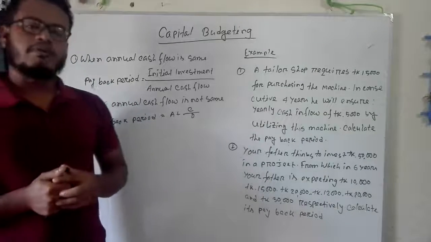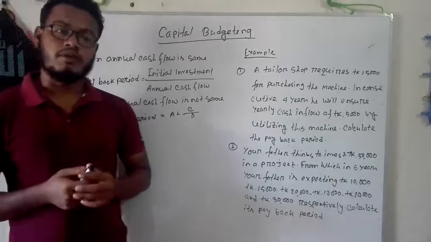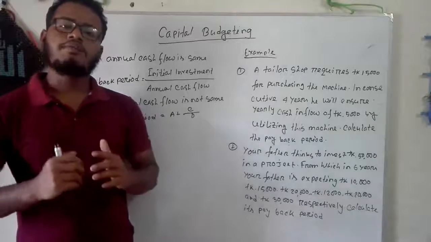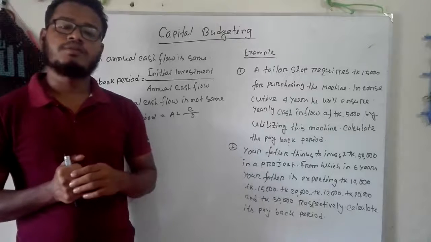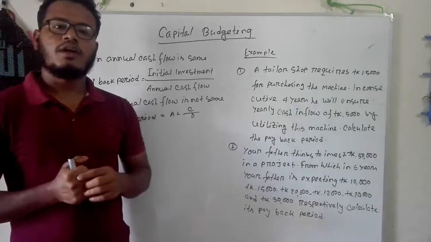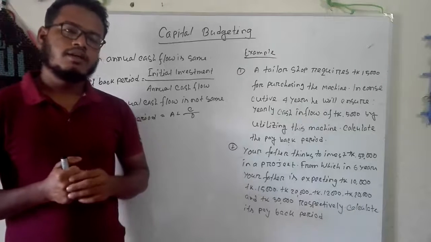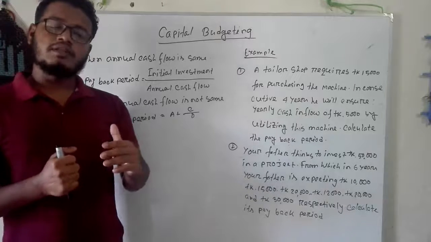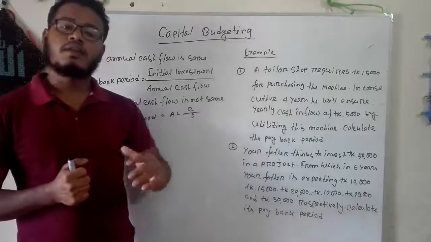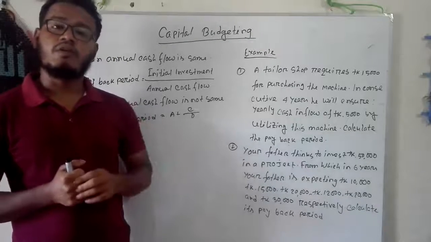At first, we have to know what the payback period is. Payback period is a technique that financial managers use to make decisions. It is the process of finding out in how much time the initial investment will come back.